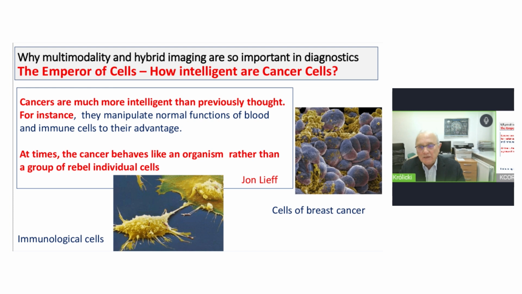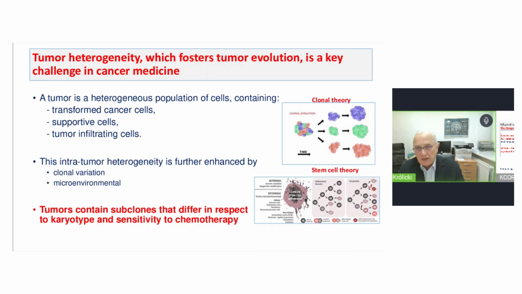If cancer behaves like an organism, it's like a group of rebel soldiers, rebel cells. Each of the cells is of a different nature. So why do we have such heterogeneity?